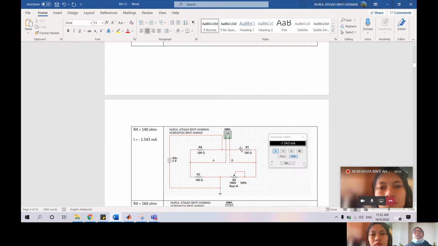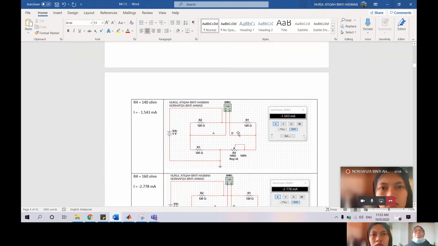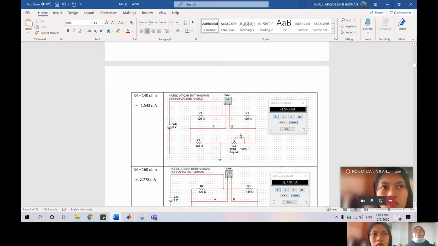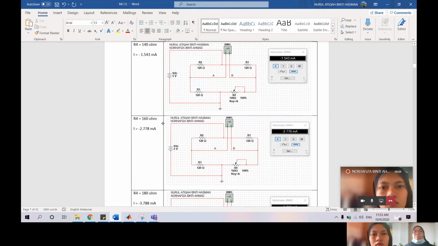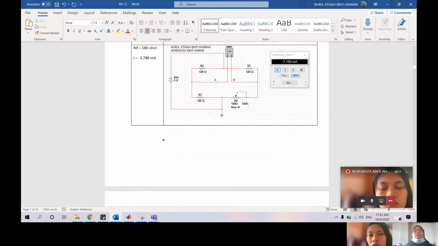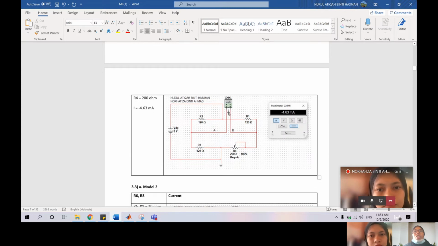So the way to find the current is the same. Just put the multimeter at point A and B. So next is 140 ohm, 160 ohm, 180 ohm, and 200 ohm.